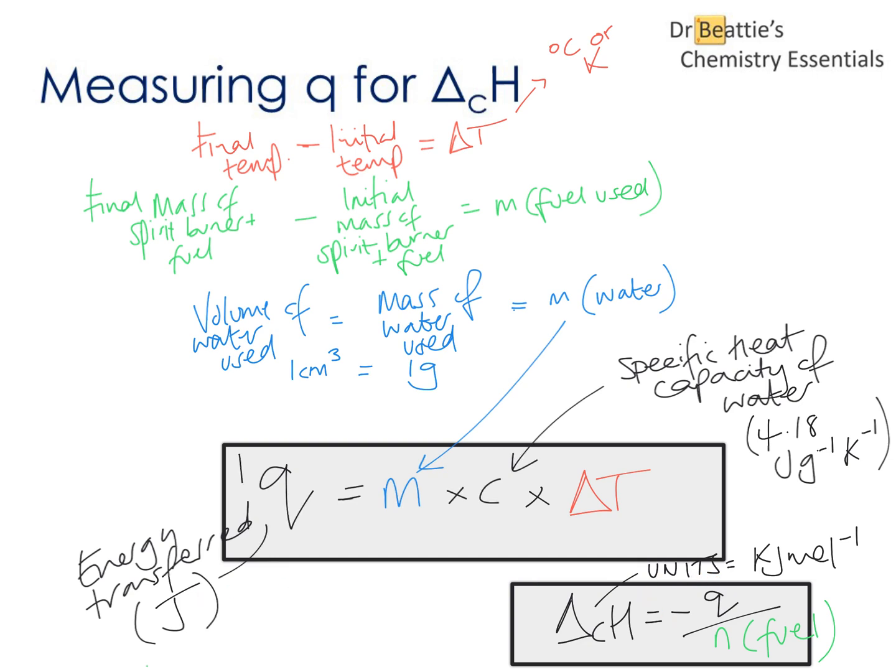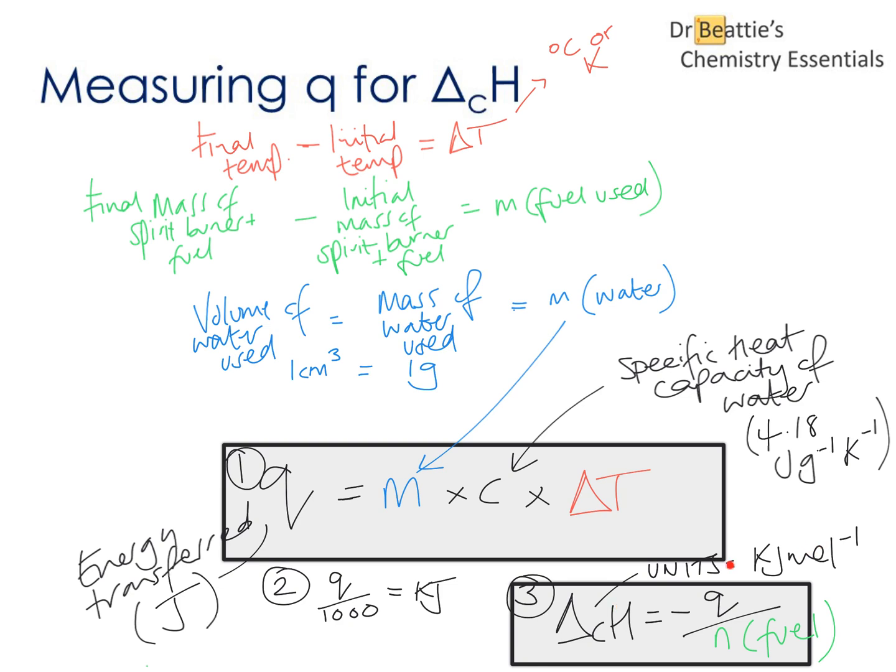So we're going to take our answer from equation 1. We're going to then, in our second step, do that Q divided by 1,000 to get it into the units of kilojoules. And then we can input that into equation 3, which will actually take us from Q to give us the enthalpy of combustion per mole.